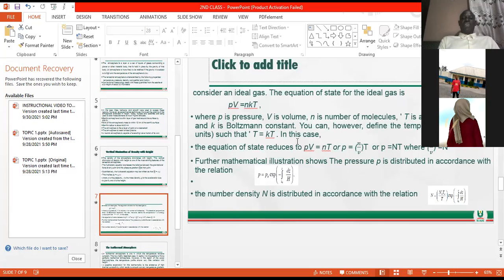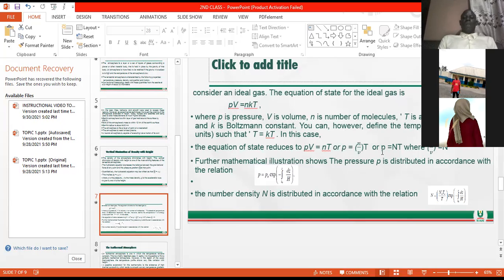So that means that PV equals NT, or making P the subject, it will be NT over V, just like NkT over V. But we're saying that at absolute temperature, the temperature in energy units, the k will not be necessary. We're representing it with just T. We're just making some assumptions there.